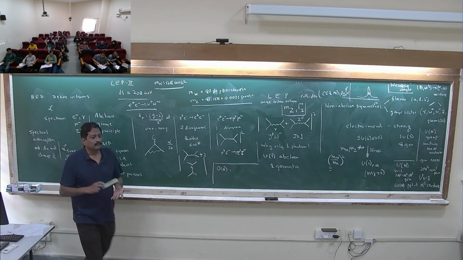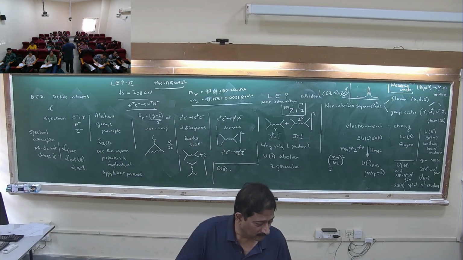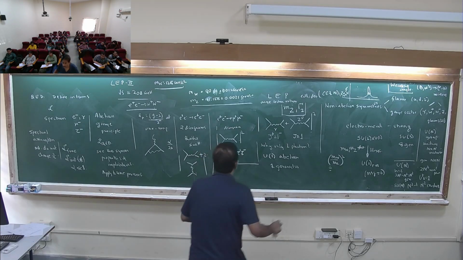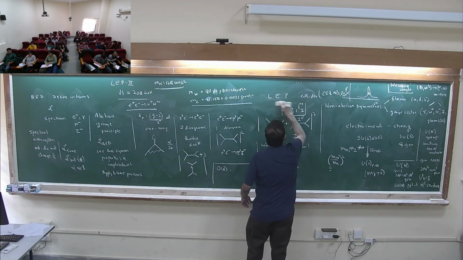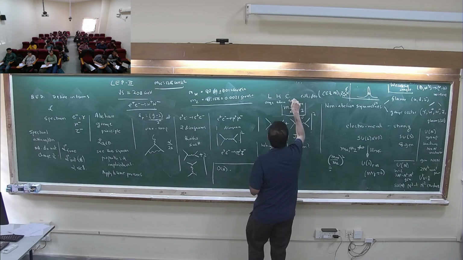The Newton accelerator for Large Hadron Collider. Correct. So LEP was closed down, and the same tunnel has now become LHC. The large has remained unchanged, this is the hadron collider.